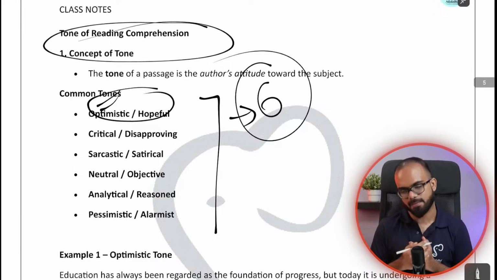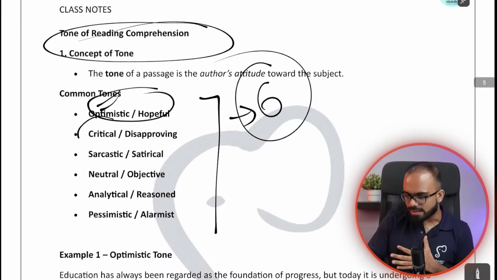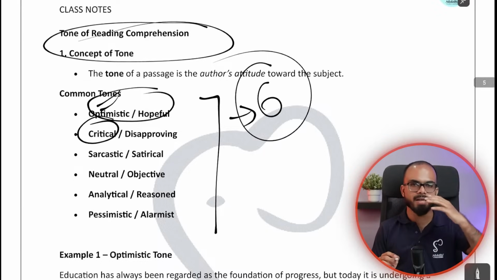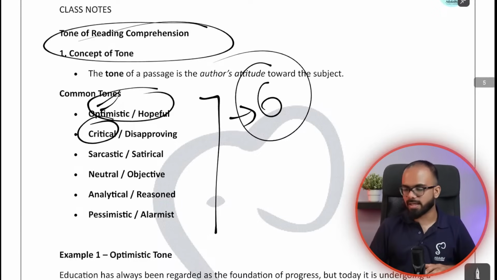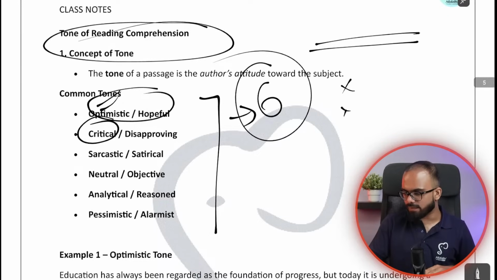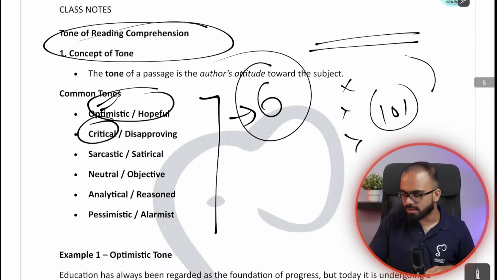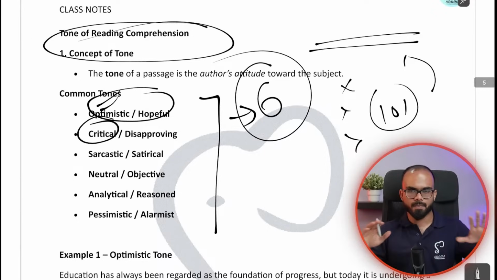Next, there are certain RCs where you are completely critical, you negate the author's idea; the author will give an idea and he will give you one or two reasons why this idea is wrong, and conclude.